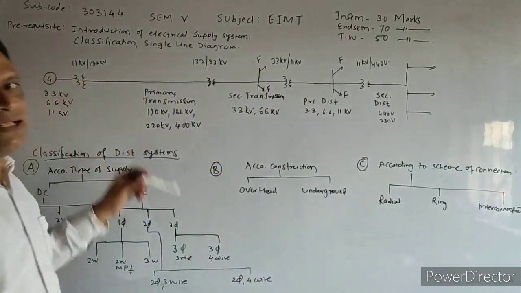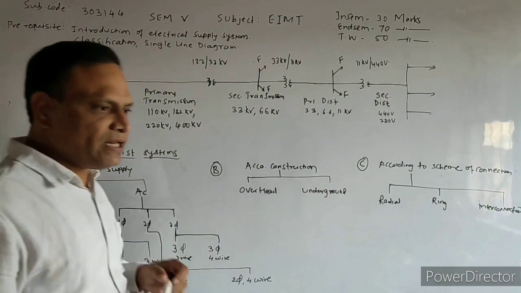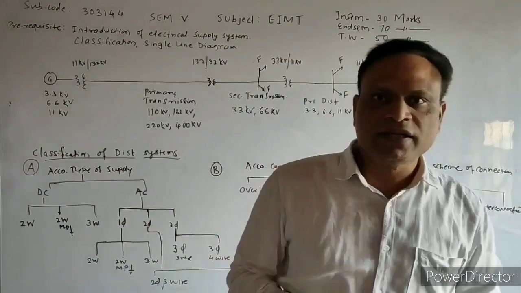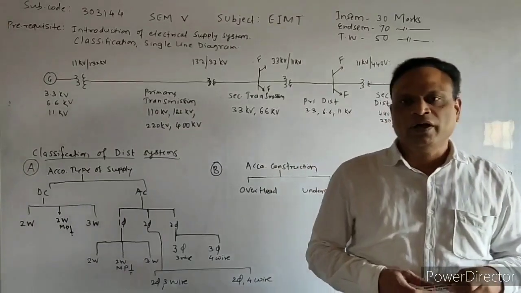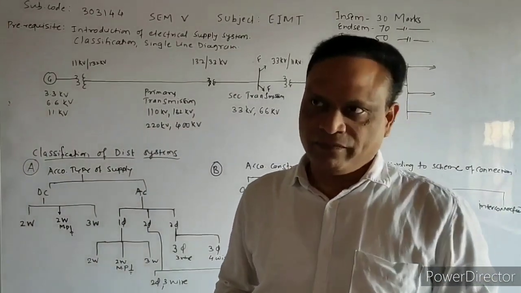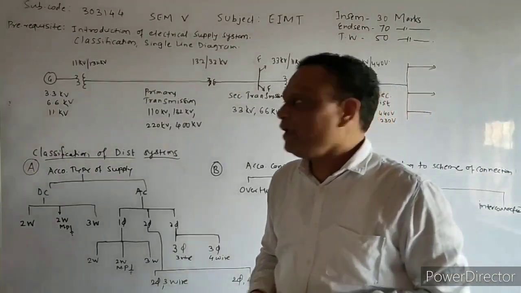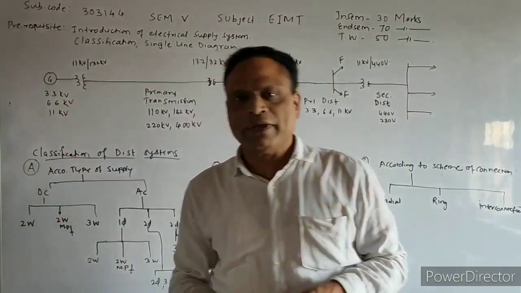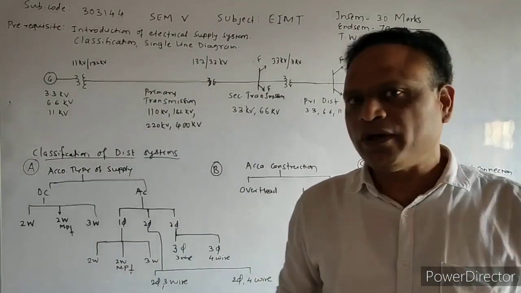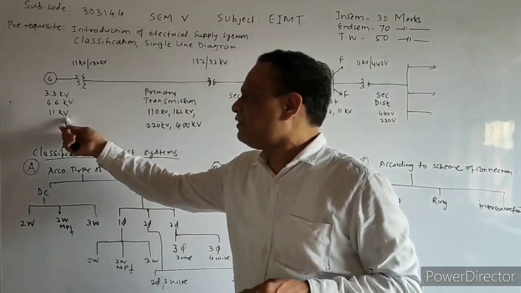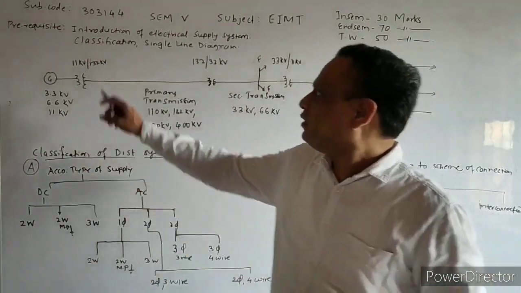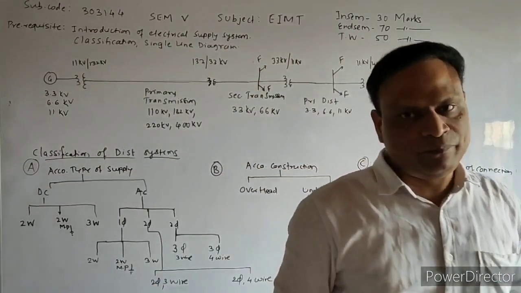Now this is the generating station. At this generating station there is a generator or alternator which produces electrical energy, and the energy produced may be of either 3.3 kilovolt or 6.6 kilovolt, or we can say 11 kV.